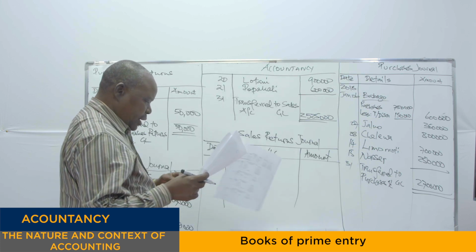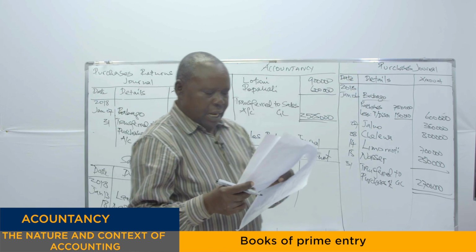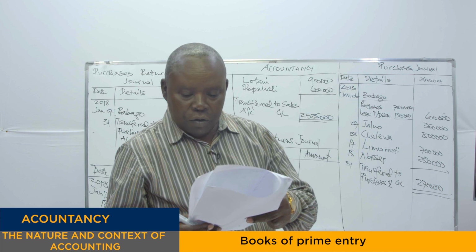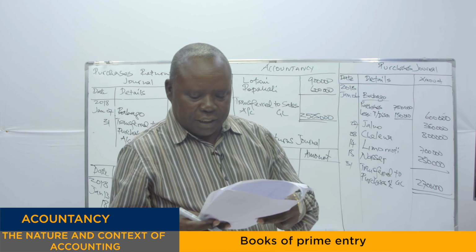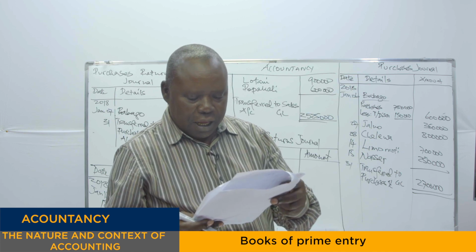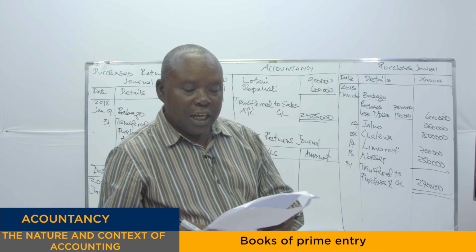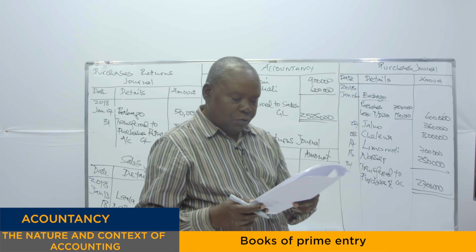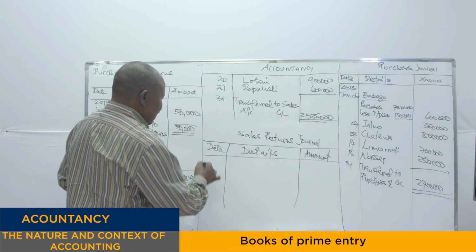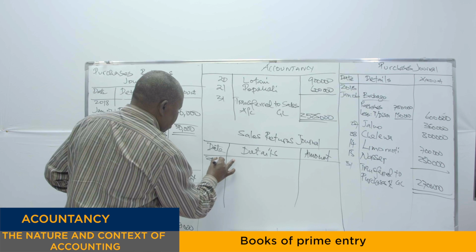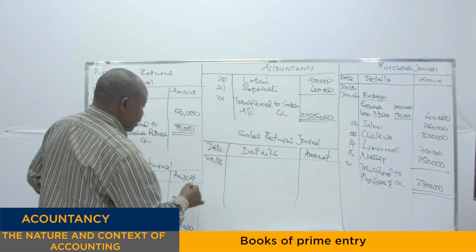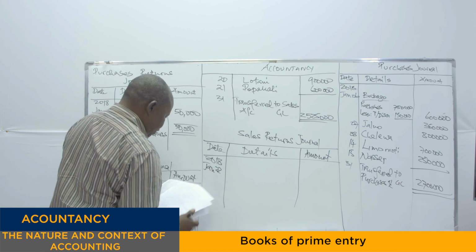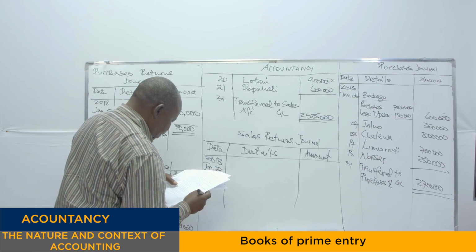Now on 22nd January, we send a credit note to Masuka for goods returned with the list price of Tanzania shillings 44,400 and trade discount Tanzania shillings 4,400. So 2018, January 22, this is Masuka.